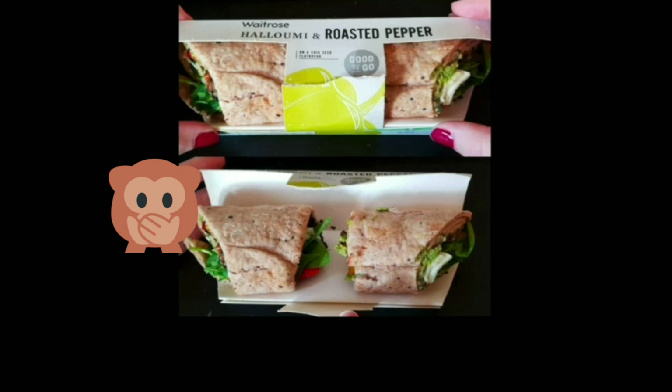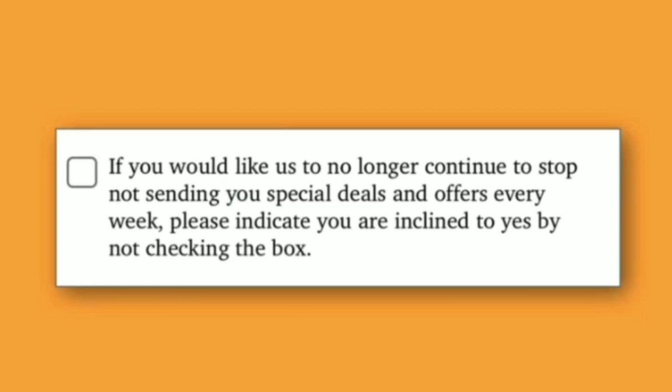Now, the final example, and probably one of the dark patterns I dislike the most, is these checkboxes. Right below a form you filled in, you get these checkboxes, and sometimes the wording is so confusing that I really don't know what I'm signing up for. Like this one: if you would like us to no longer continue to stop not sending you special deals and offers every week, please indicate you are inclined to yes.